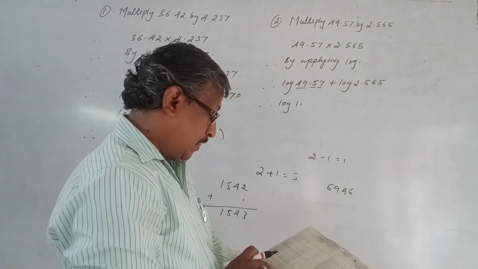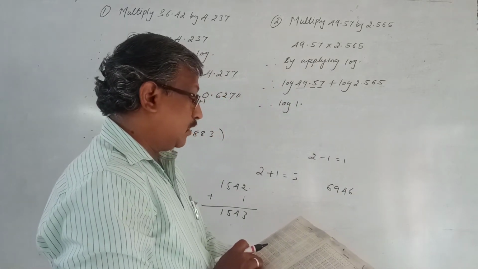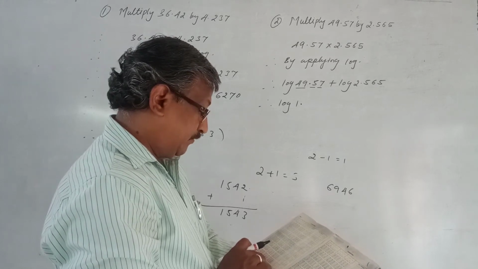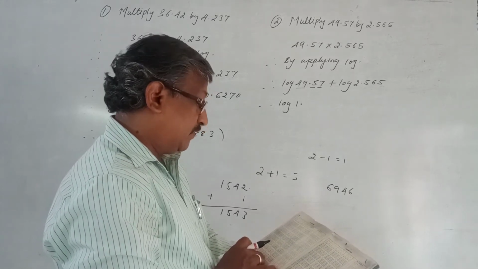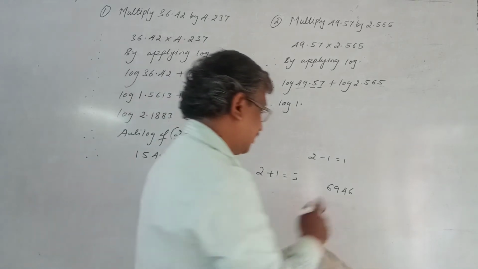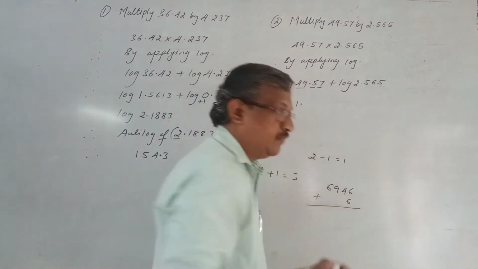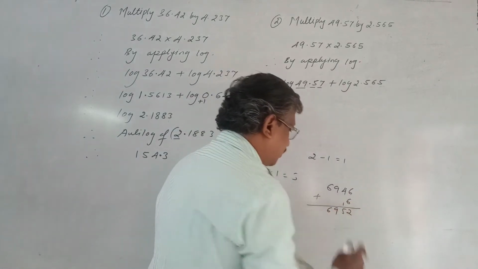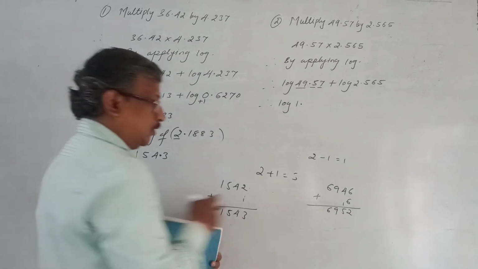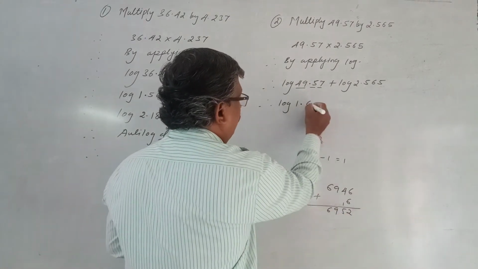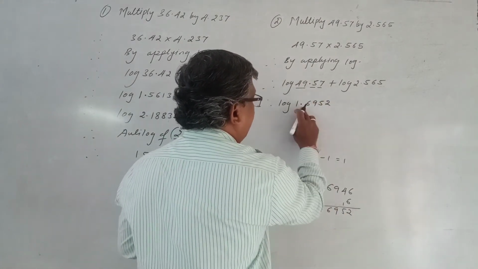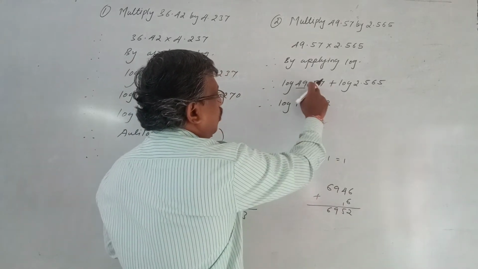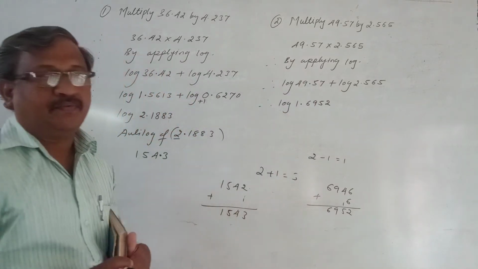Yeah, 49 5th column comes to 6946, and in the same row you see mean difference 7th column. So mean difference 7th column comes to 6. Right? So that mean difference always you have to add. If you add this, it comes to 6952. So this 6952 you write as it is after the decimal point. So 1.6952 is called the logarithm of the number 49.57.